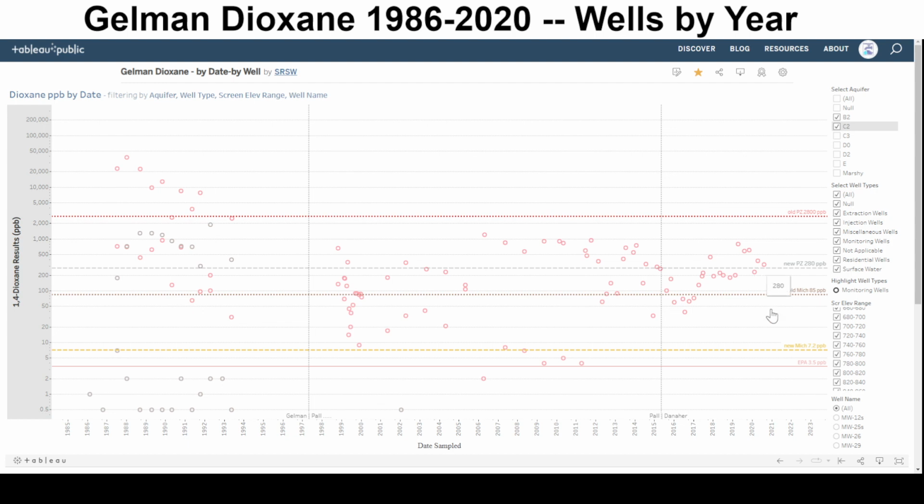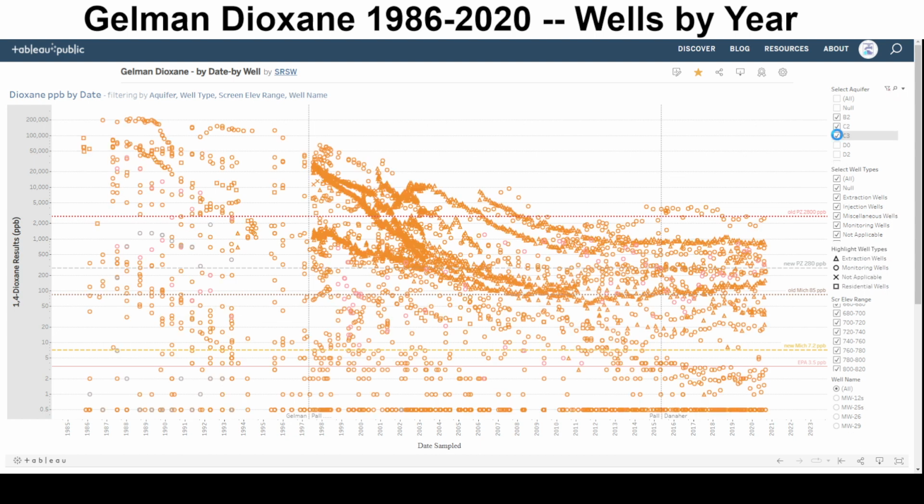And there's only a handful of wells that are in that range. These 12S, 25S, 29, 26, and 29. So you can see what the concentrations were. And even in 2020, there's still 320 parts per billion in the C2 here for MW25S.